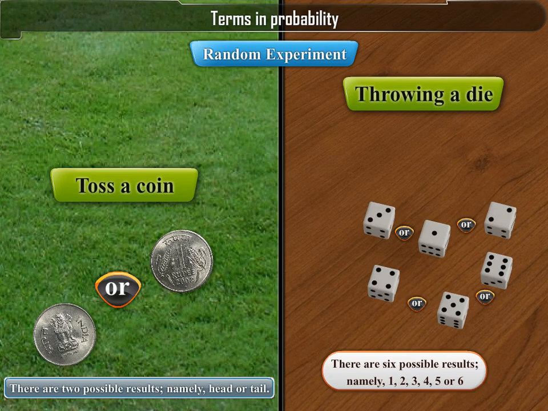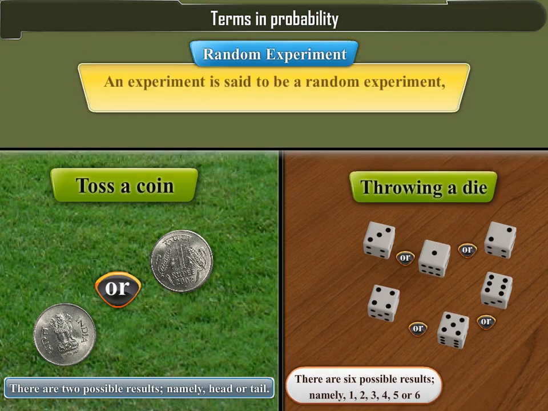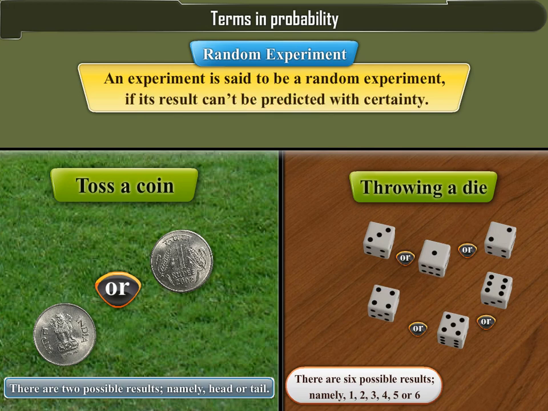Such types of experiments are called random experiments. An experiment is said to be a random experiment if its result can't be predicted with certainty. This means the experiment has 2 or more possible results.